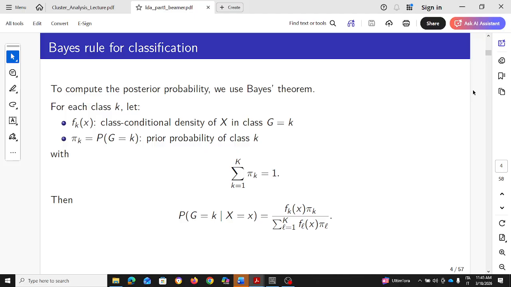And here is the genius guy, Bayes' rule. We use Bayes' rule for this.